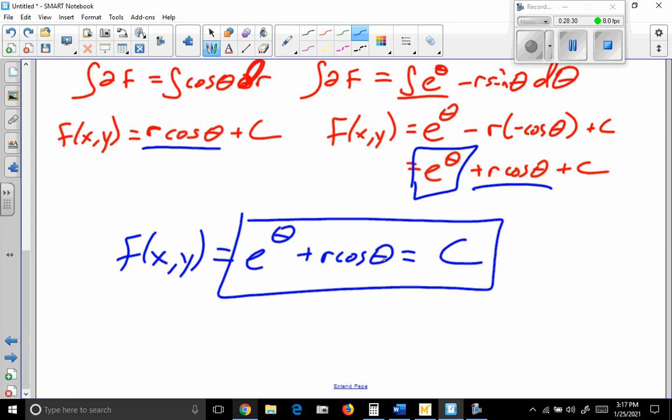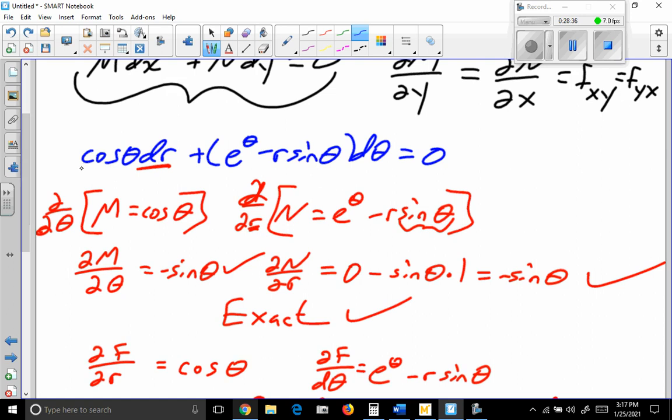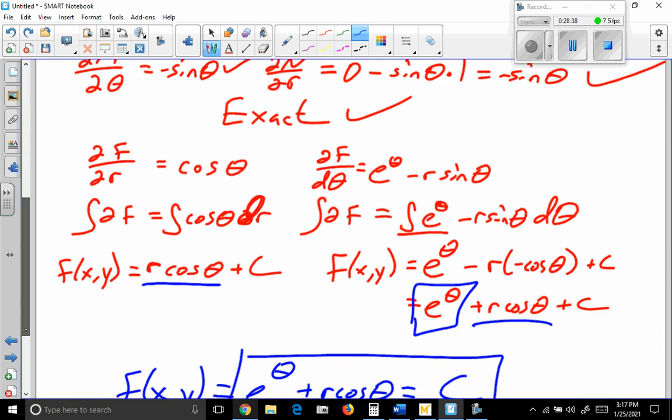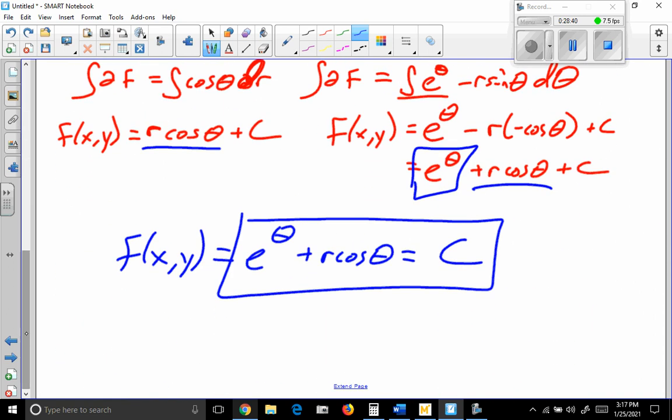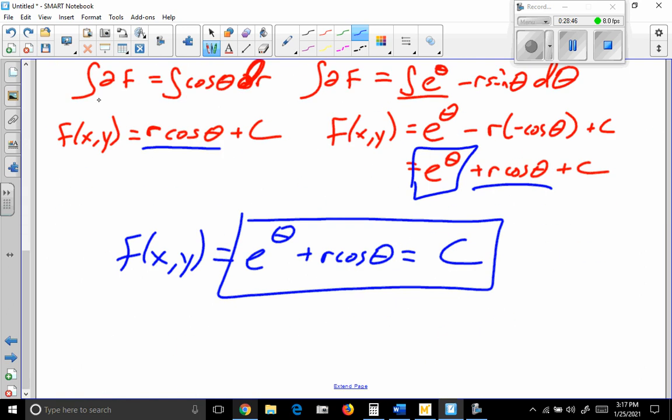If we take the partial of this with respect to r, we should get cosine theta. If we take the partial of it with respect to theta, we should get this. Now, integrating M and integrating N only works if this is exact. If it's not exact, then that's not going to work.